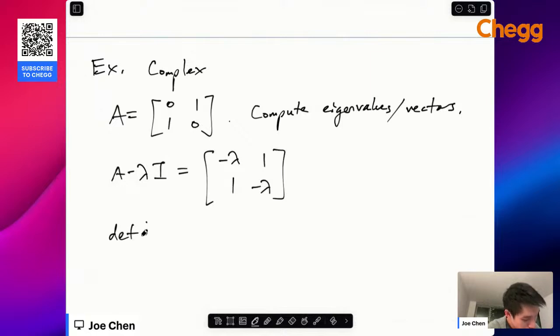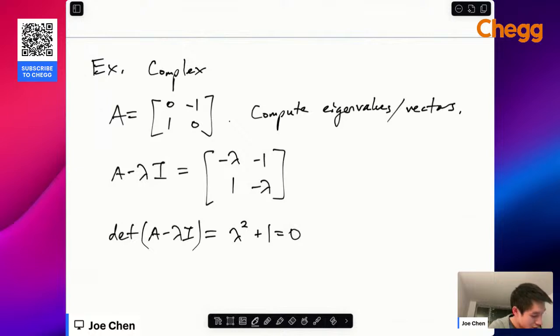And so the determinant of this gives us lambda squared... well, actually, maybe I chose bad numbers, and this won't give me a complex one. Okay, let's add a minus 1 here. So here we get lambda squared plus 1 equals 0 for the determinant.